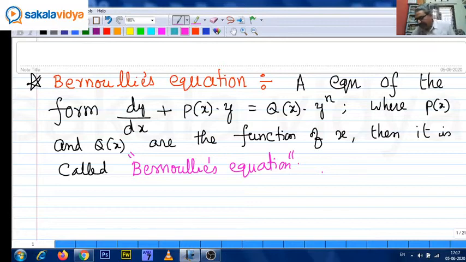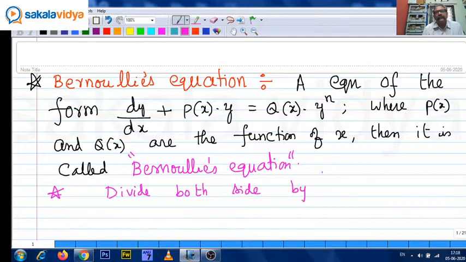So now how can it be solved? Simply remember, divide both sides by y to the power of n.